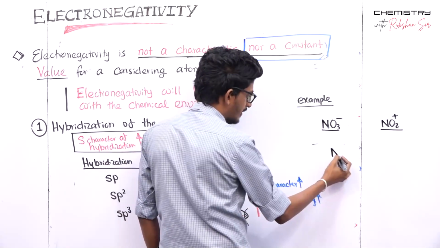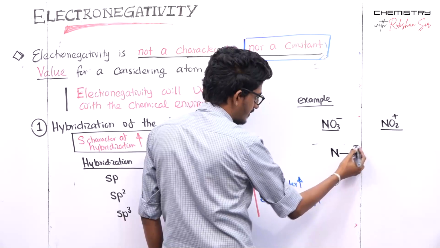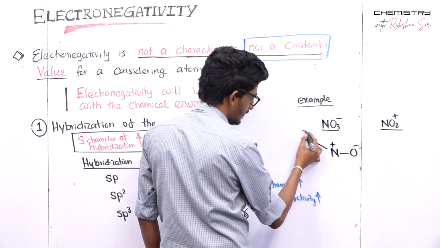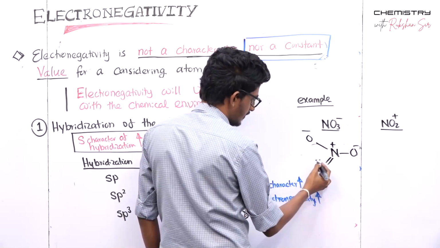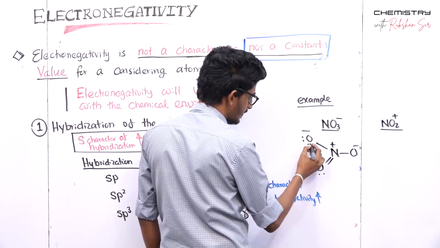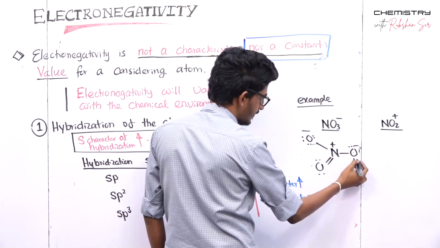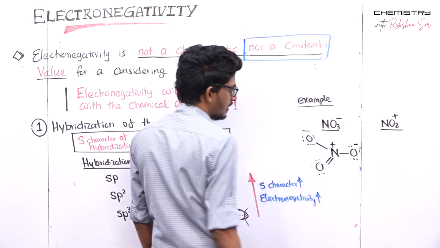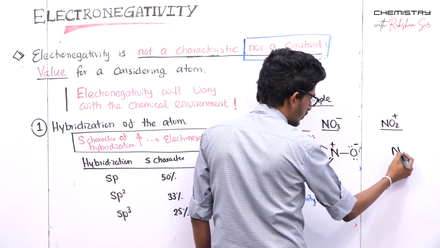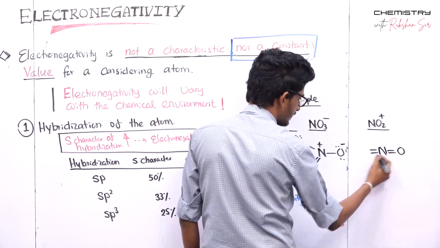With the NO3 minus, the structure is this. With the NO2 plus, the structure is this.